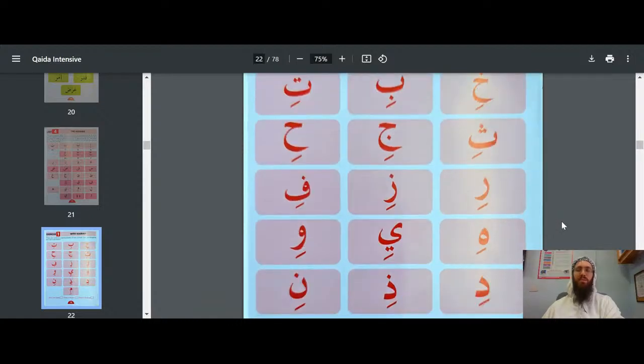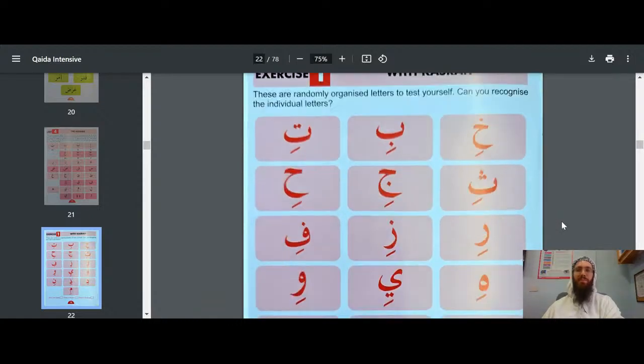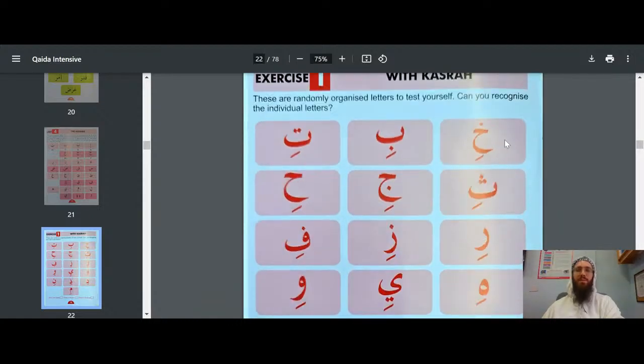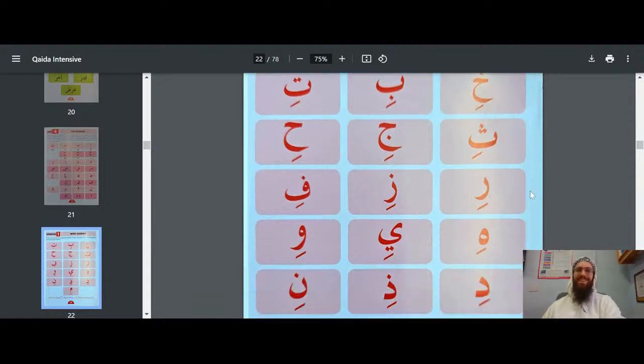Now, same exercise. You guys know the drill by now. We're just going to go through these letters and practice them. So we have the letters, and they're all mixed up. They're not in the same order, to make sure that you don't just memorize the song but you really actually recognize the symbol.